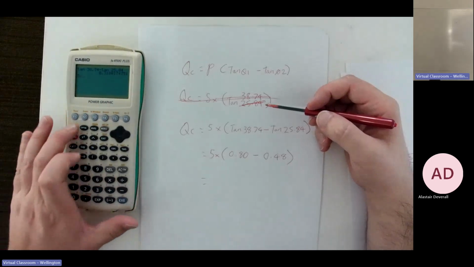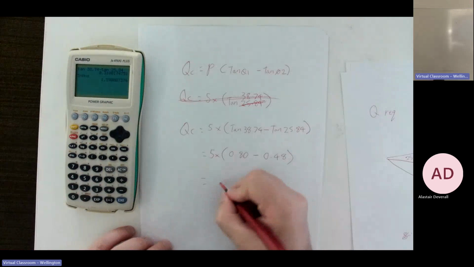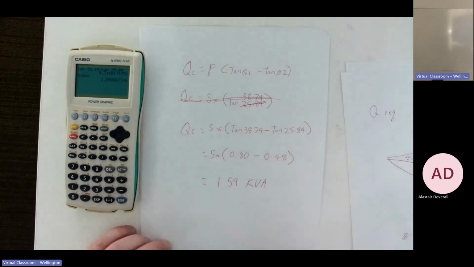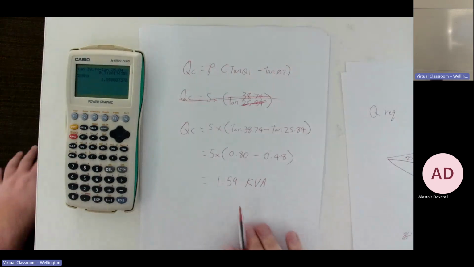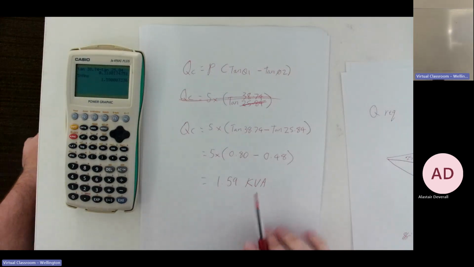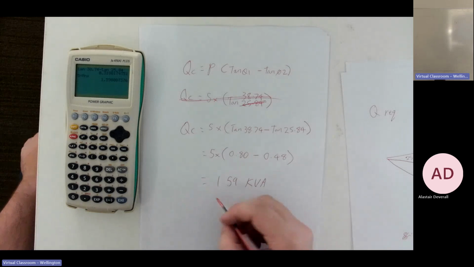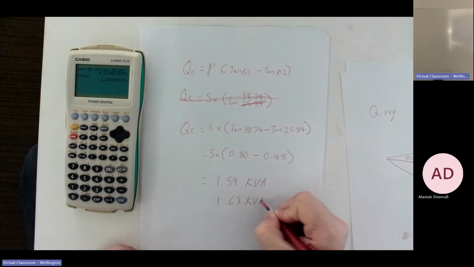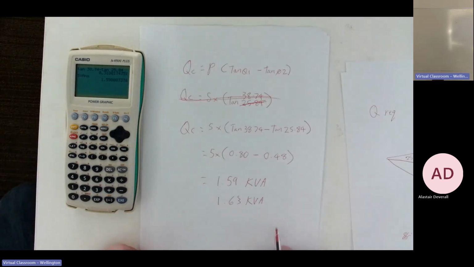We get 5 times the answer, and we get 1.59 kVA. Now, the reason why this is different to our previous one, which was 1.63 kVA, is that they are very similar numbers.